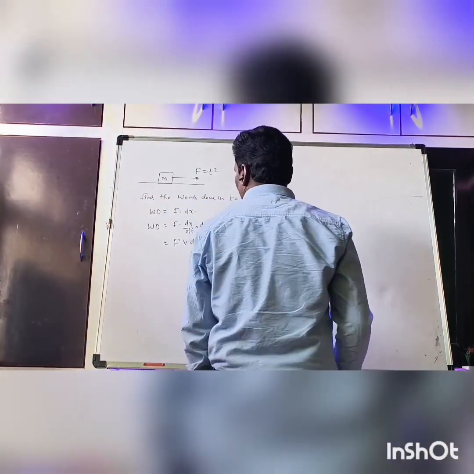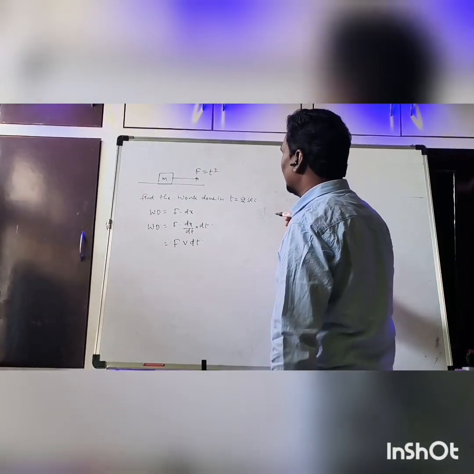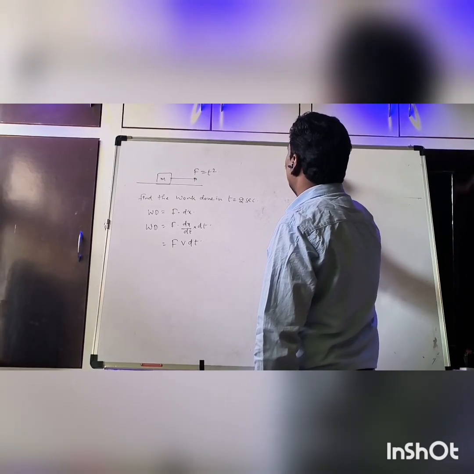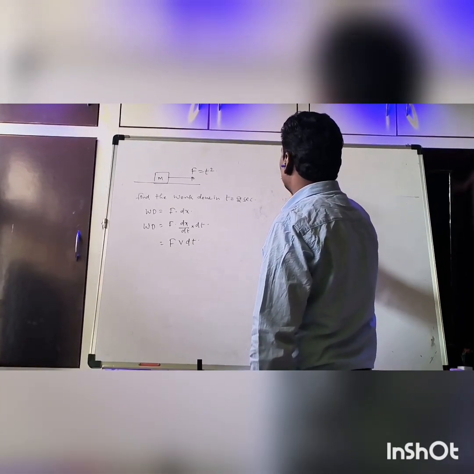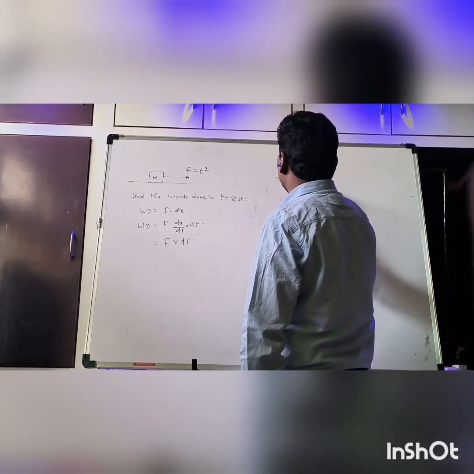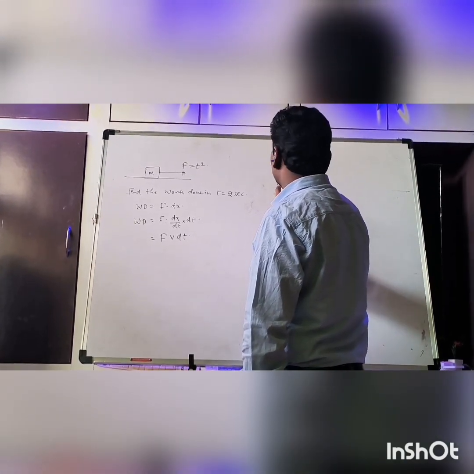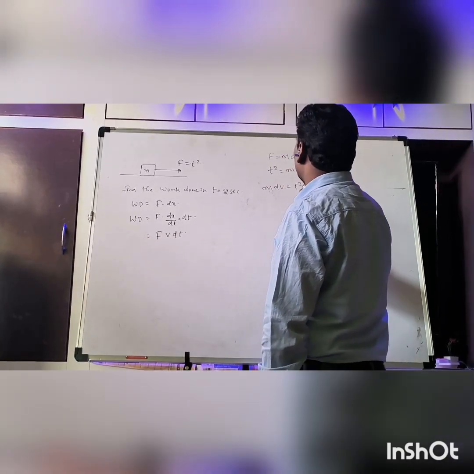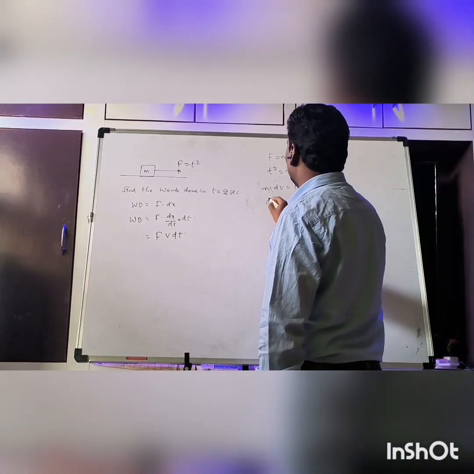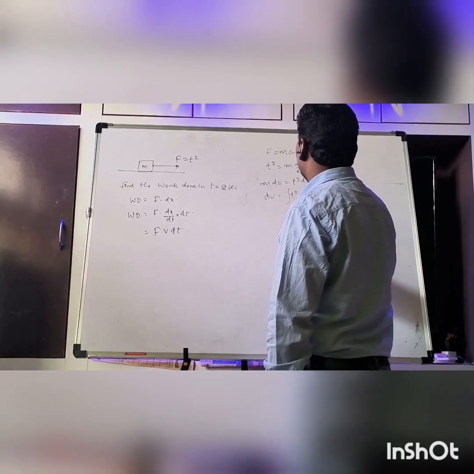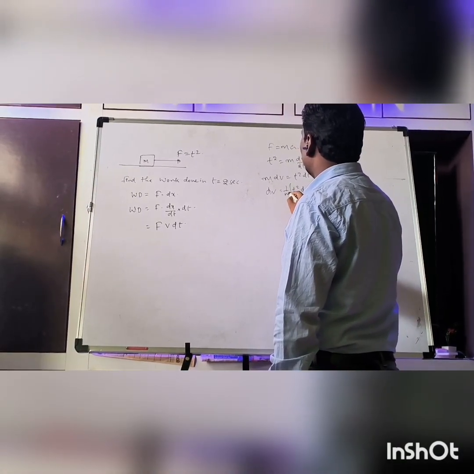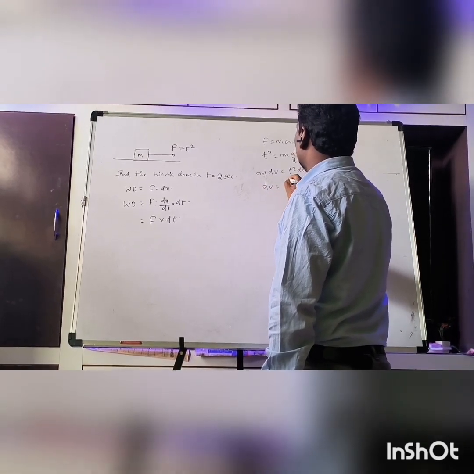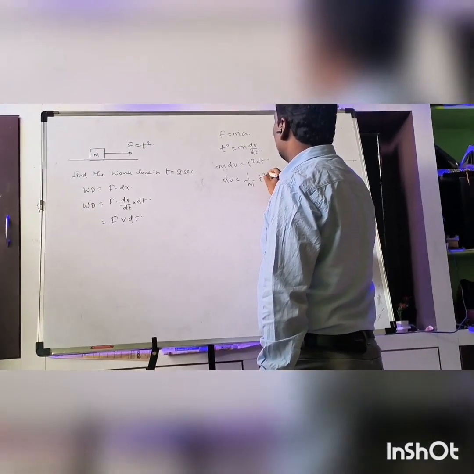F is equal to ma, so t square is equal to m into dv by dt. Now I can write m into dv is equal to t square dt. So dv is equal to integration of t square dt times 1 by m, that is dv is equal to 1 by m t square dt.